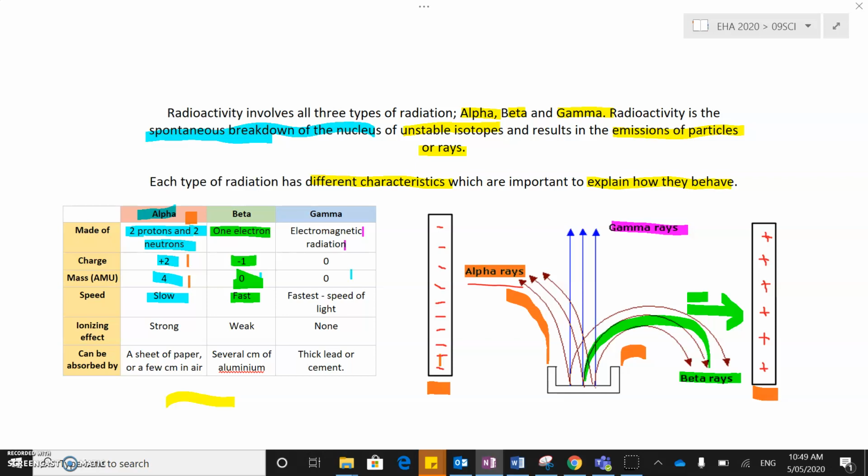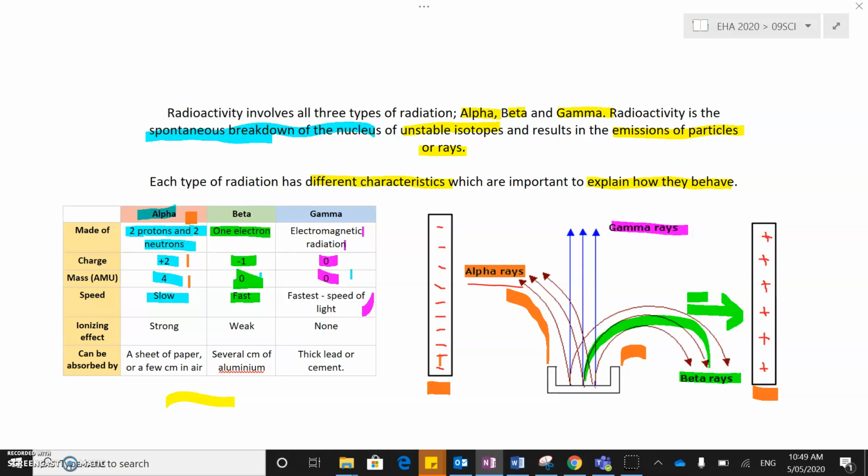They're not made of protons. They're just pure radiation. Because of that, they don't have a charge. So it's simply just 0, it's neutral. They also don't have a mass. And they move really quickly. So at the speed of light, they're the fastest of the types of radiation.